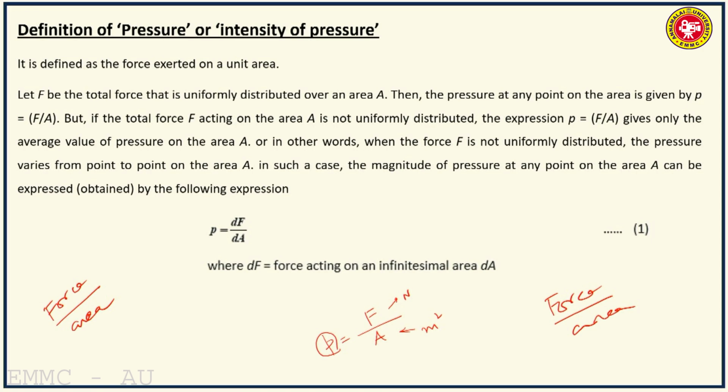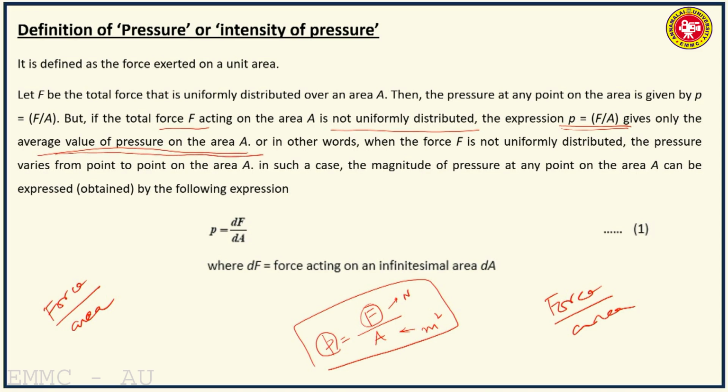Suppose you may have a situation wherein the total force is not uniformly distributed over the area on which it is acting, then the pressure p equal to F by A gives only the average value of the pressure on the area. So when the force F is not uniformly distributed over the area, this expression p equal to F over A gives only the average value of the pressure on the area.